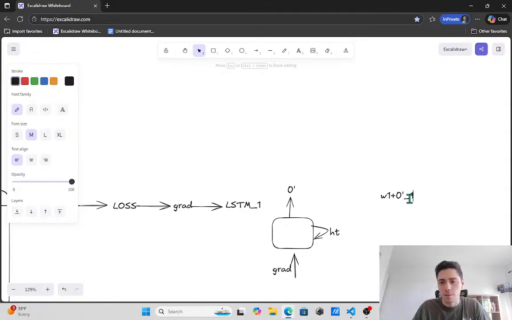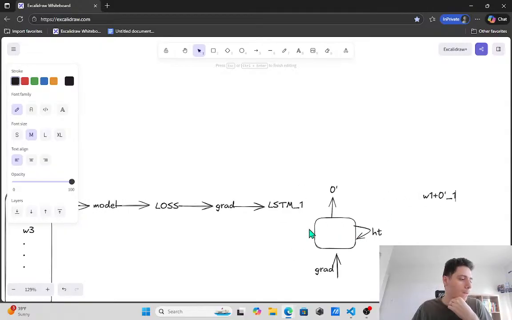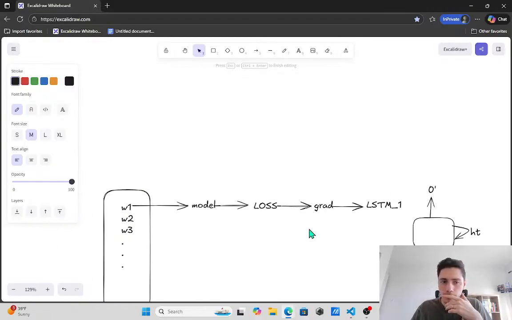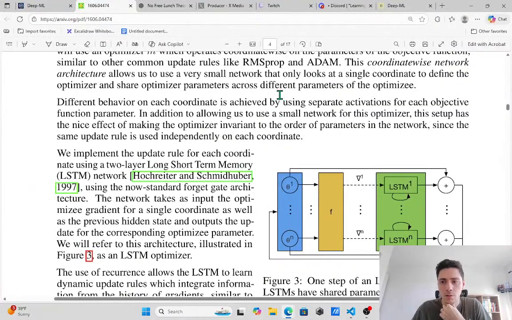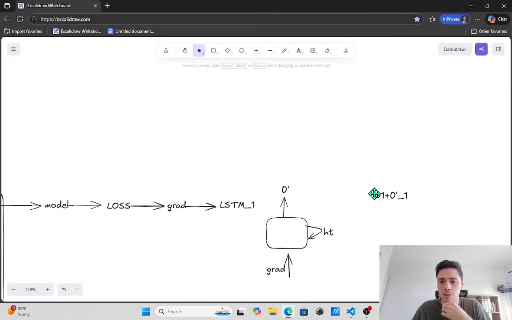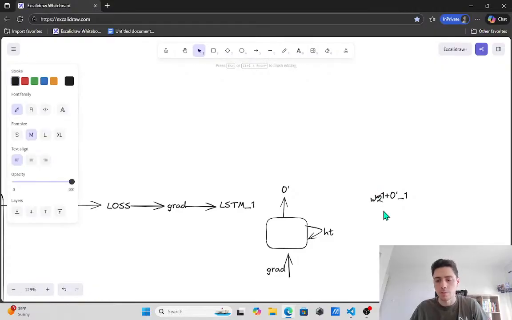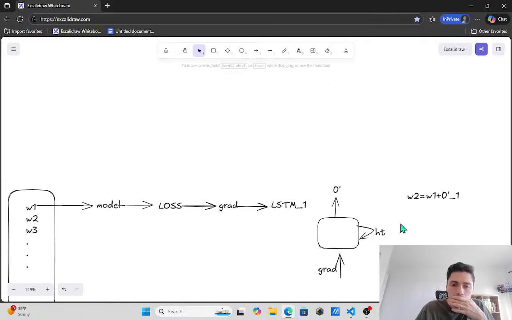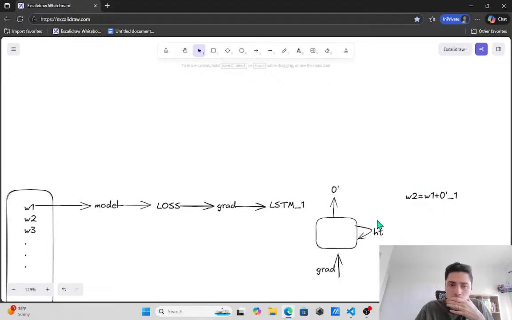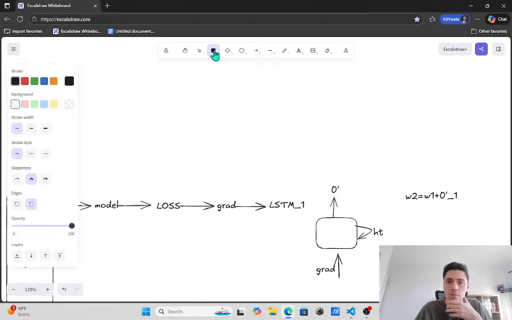And this should be 1, it's the first time we're doing it. And then this is basically W2. W2 equals... Okay. So now we know what W2 is.